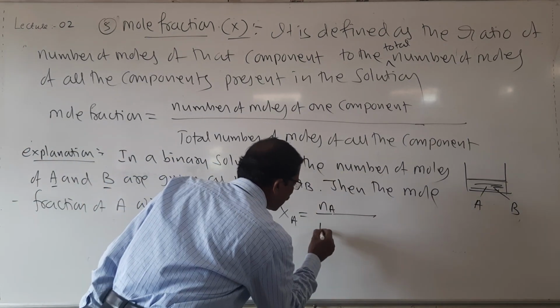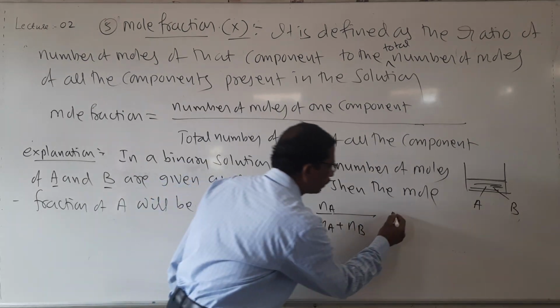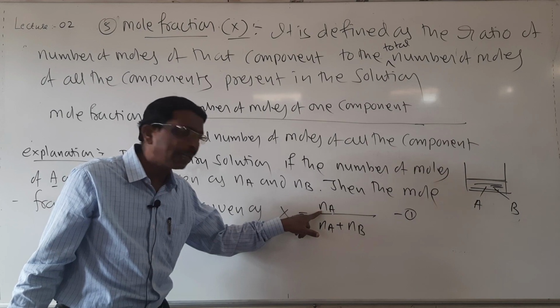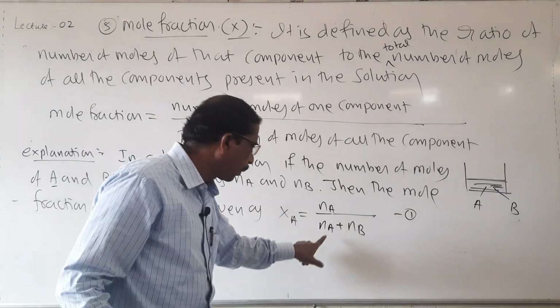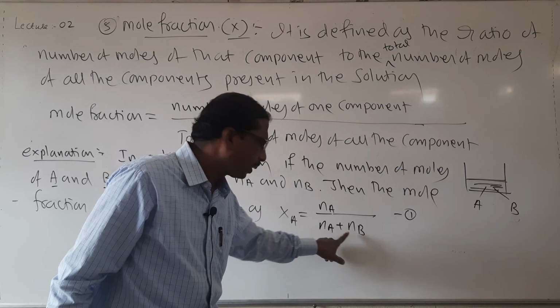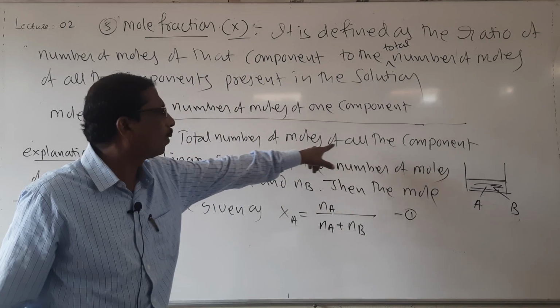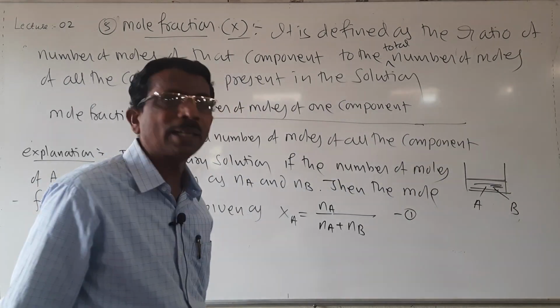So two components are there, so Na plus Nb. Here the mole fraction Xa is equal to Na divided by Na plus Nb, the number of moles of all the components, since the solution contains two components.